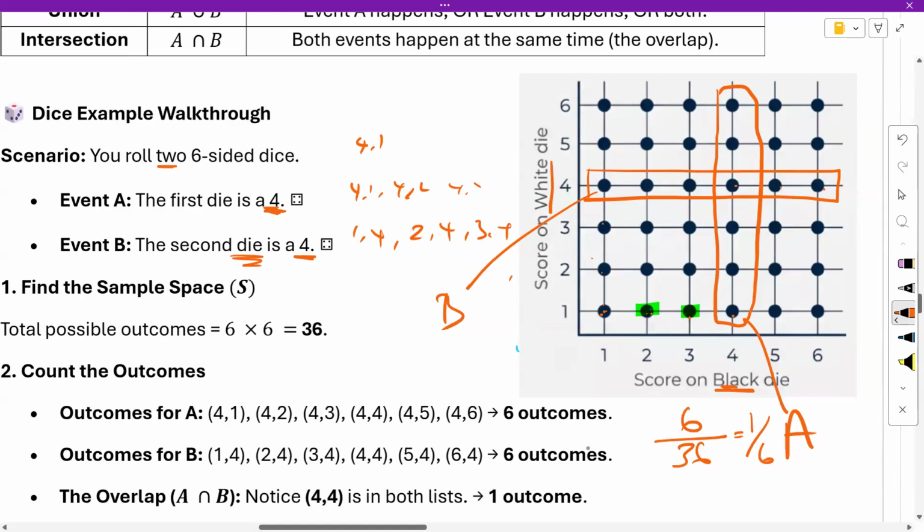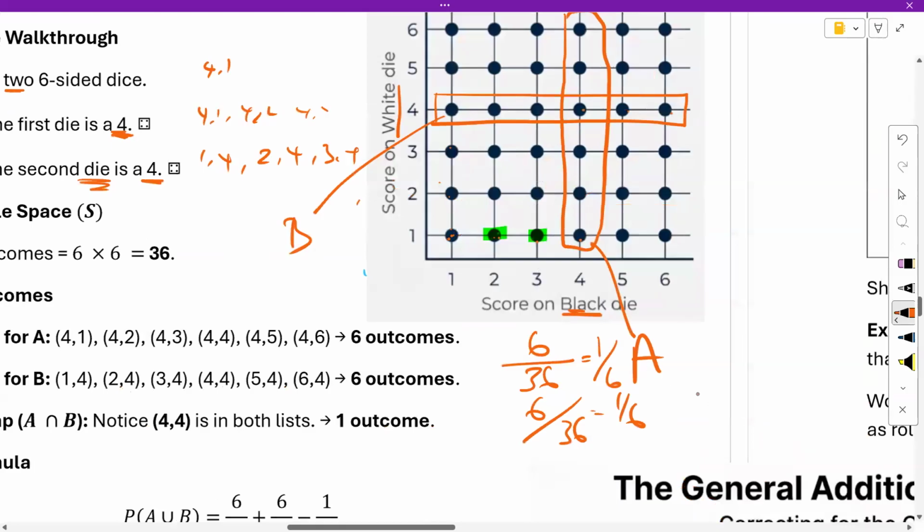And the probability of B? 1 over 6, with 6 possible ways and 36 in the sample space. If anybody asks, you may simply add probability of A 1 over 6 and probability of B 1 over 6, and say equal 2 over 6, then 1 over 3. If you write that answer, it's wrong.